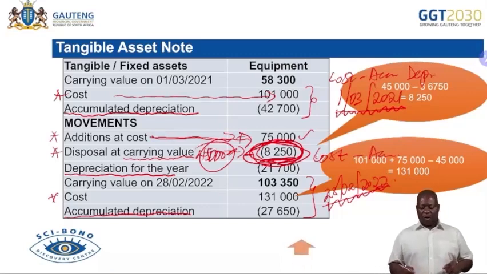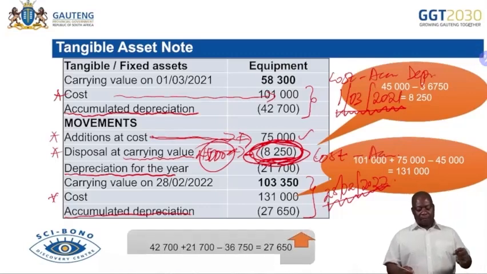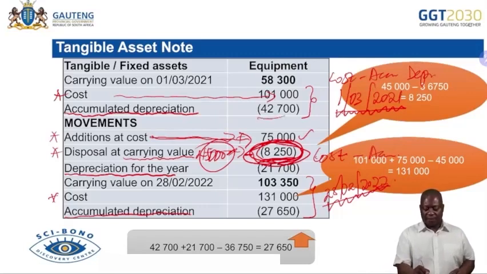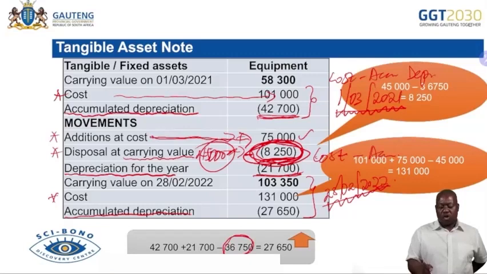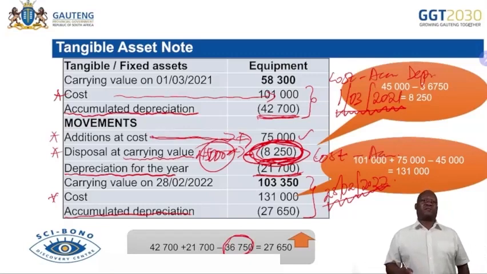So the calculations are going to look like 42,700, the start. There we are. Add depreciation, 21,700, minus the accumulated depreciation of the asset being disposed, not 8,250. Please take note of this. Don't make me cry.